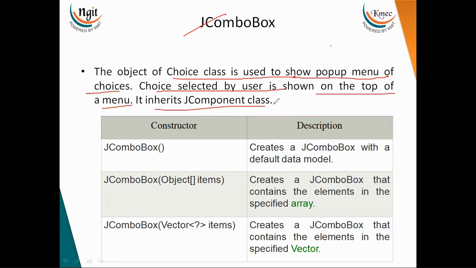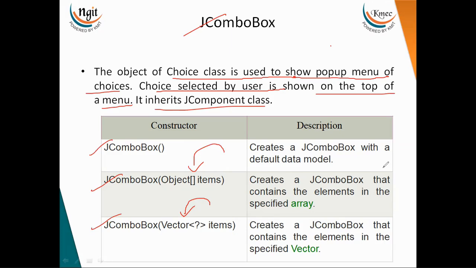It inherits the JComponent class. It has different constructors. JComboBox with the default constructor, and JComboBox with a parameter of object type. Here we are considering an array as a parameter, and we can also take a vector as a parameter for this combo box, right?